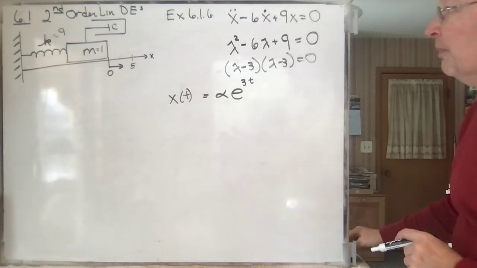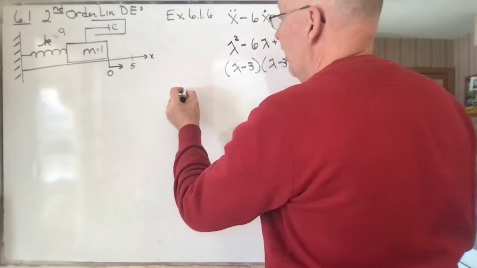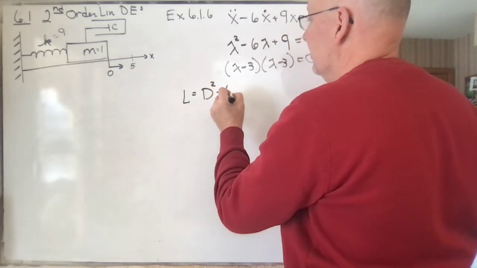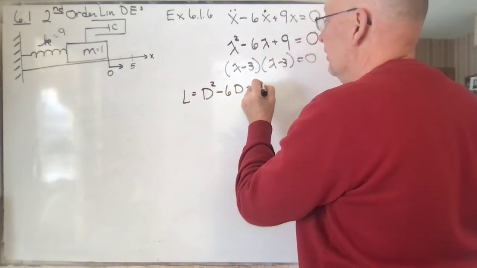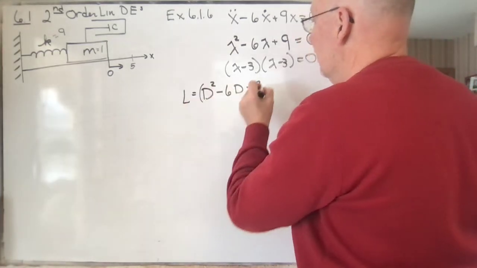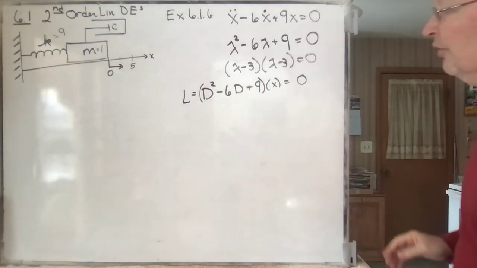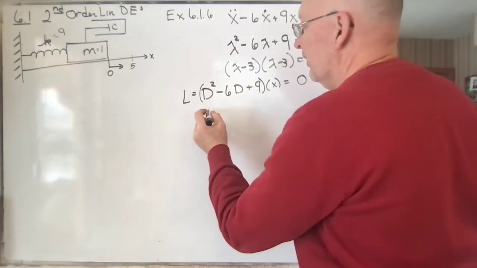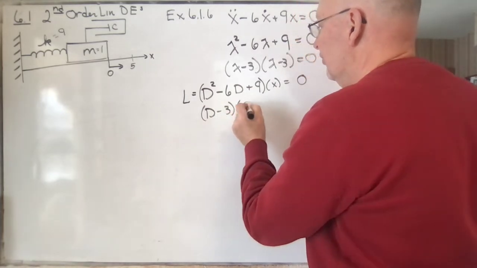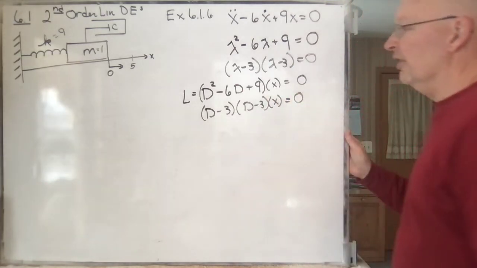So here's what we do. We go back to what we did before. We say L is equal to D squared minus 6D plus 9, and L of x is going to be equal to 0. Now you can write this as D minus 3 times D minus 3 of x is equal to 0.